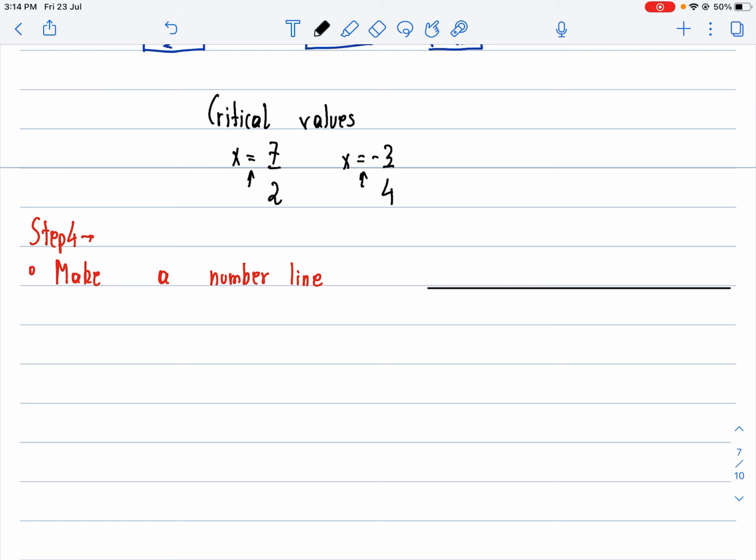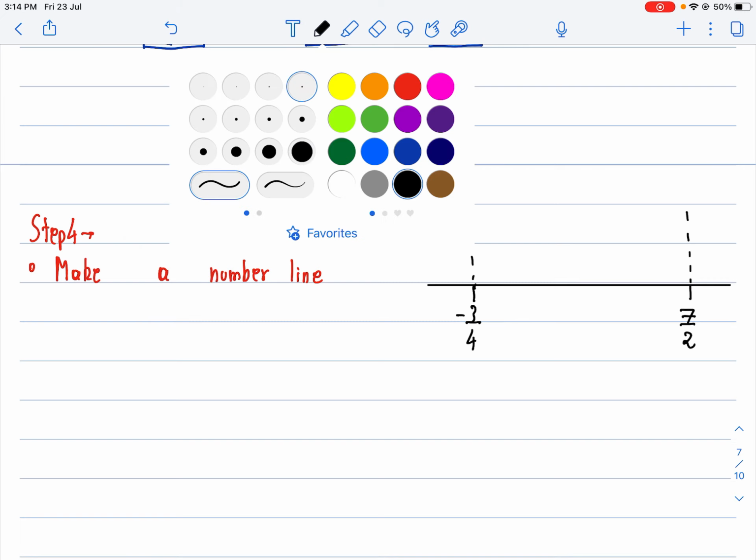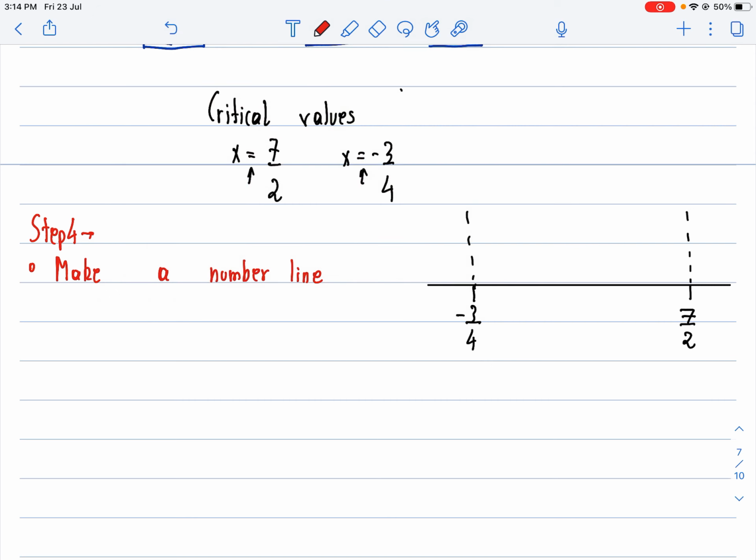I know minus 3 over 4 lies somewhere here and 7 over 2 lies somewhere here, and these are basically your critical values. Agreed?